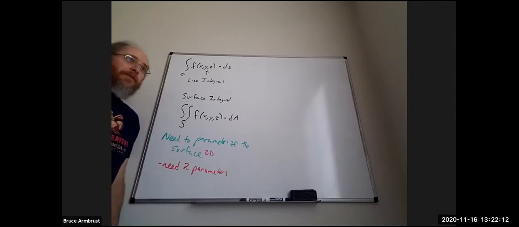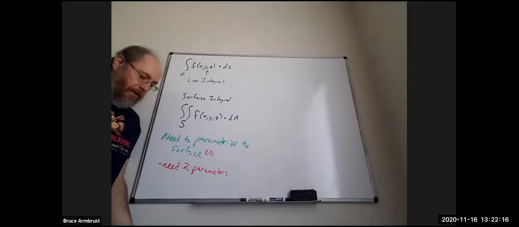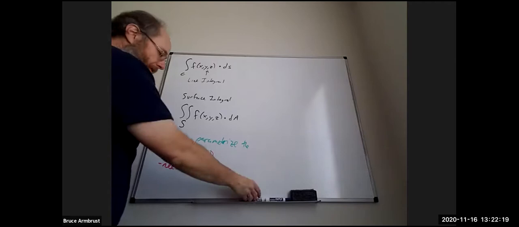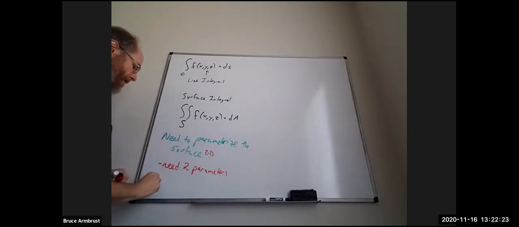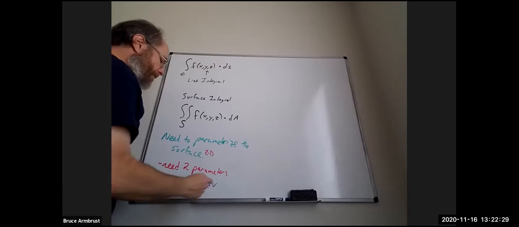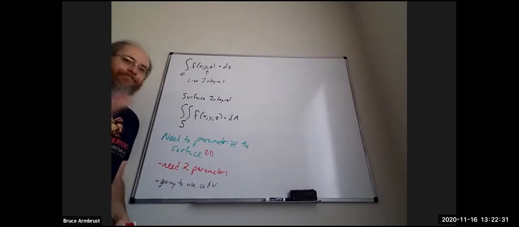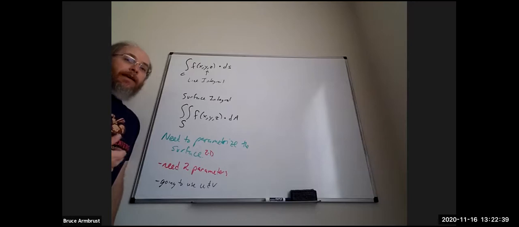We're just going to describe the surface using these two variables. Now, in general, the parameters we use are u and v. They don't have to be u and v. They can be theta and phi. They can be r and q. They can be whatever.